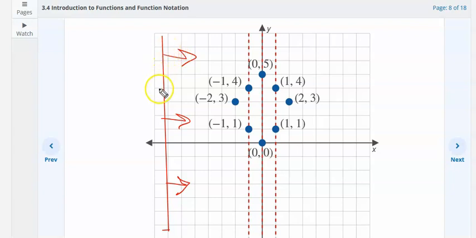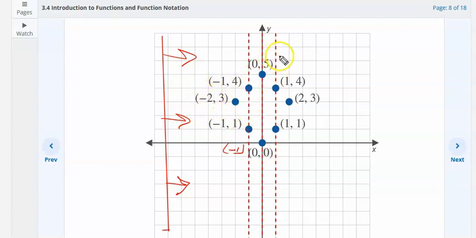Now, that vertical line, as it moves across, only intersects this point once. But as it gets here, it intersects it there and there. So this means this value of -1 is used for this point and this point. Therefore, x's are used more than once, so this is not a function.